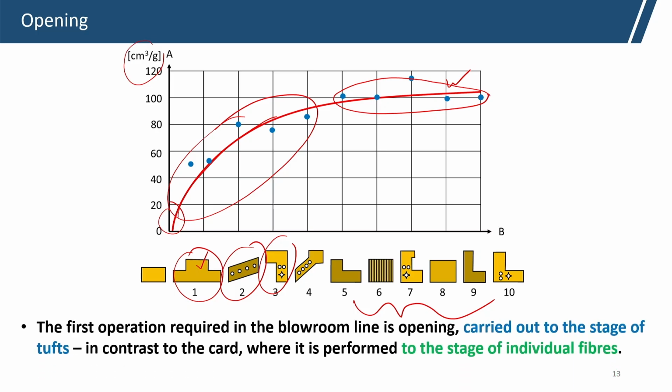The first operation required in the blow room line is opening, which is carried out to the stage of the tuft.